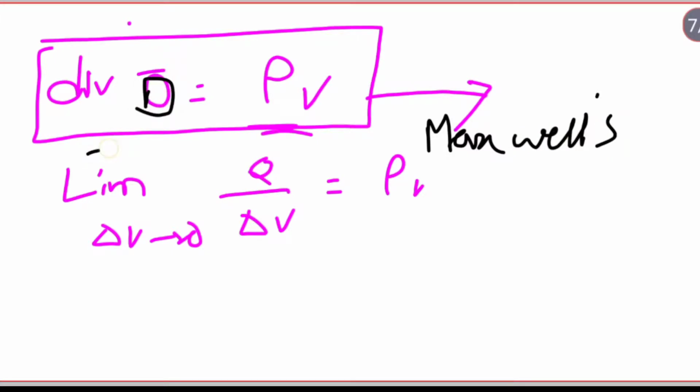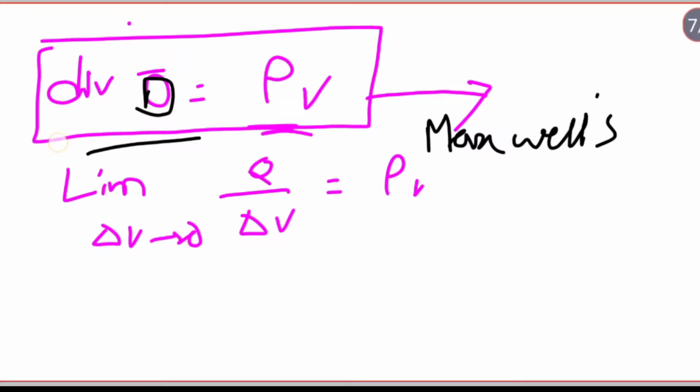The equation is called Maxwell's first equation for electrostatics. This is also called the point form of Gauss law, or Gauss law in differential form. The statement of Gauss law in point form is: the divergence of electric flux density in any medium at a point, with differential volume shrinking to 0, is equal to the volume charge density at the same point.